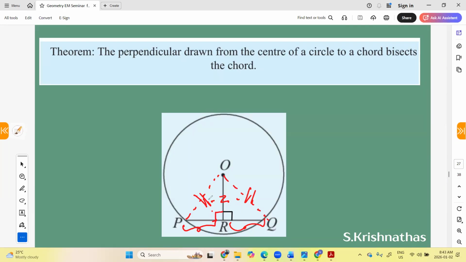Then the proof is done. So the perpendicular drawn from the center of a circle to a chord bisects the chord.